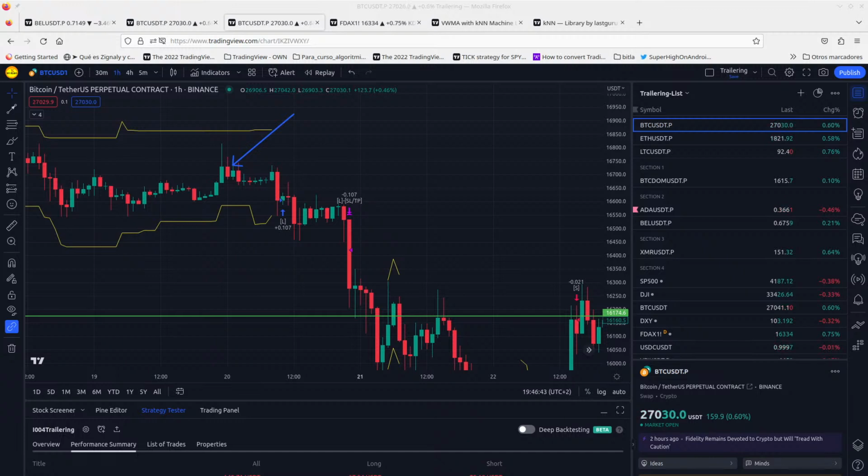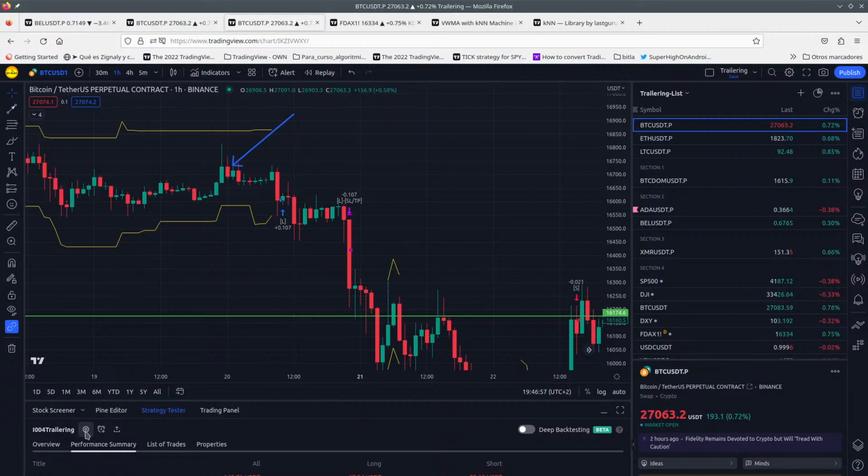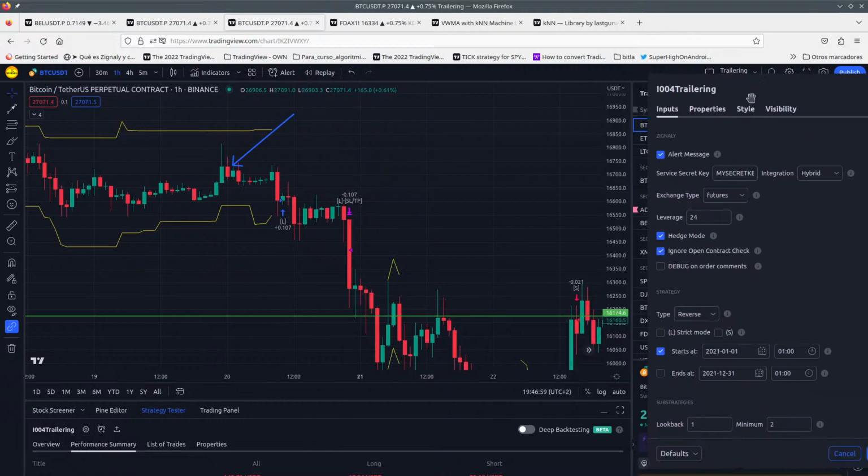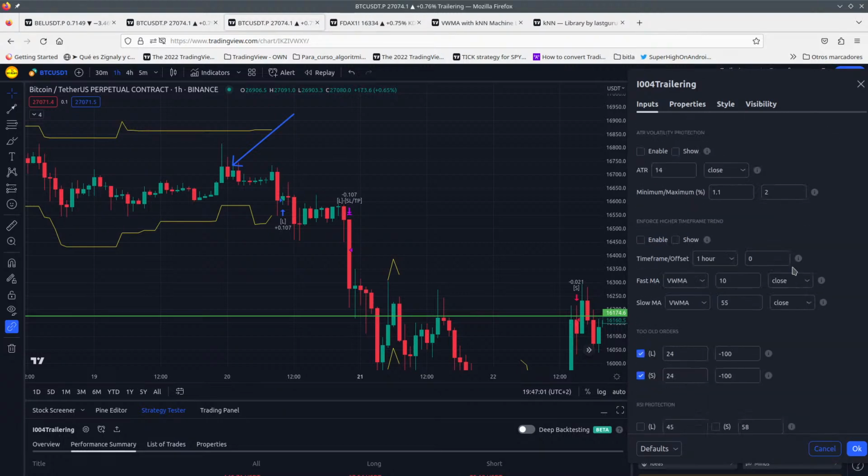When there is another breakout to the upside, we close the trade. Okay, because this one is for the downside, so we don't close anything. Yeah, look at this. We don't close anything.